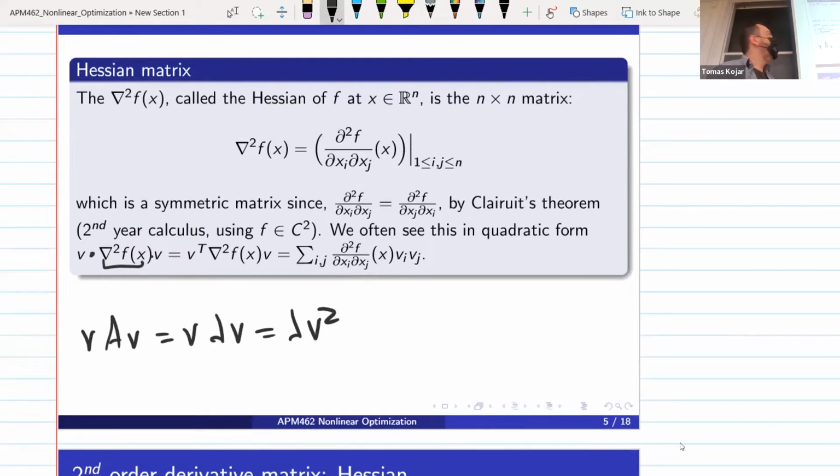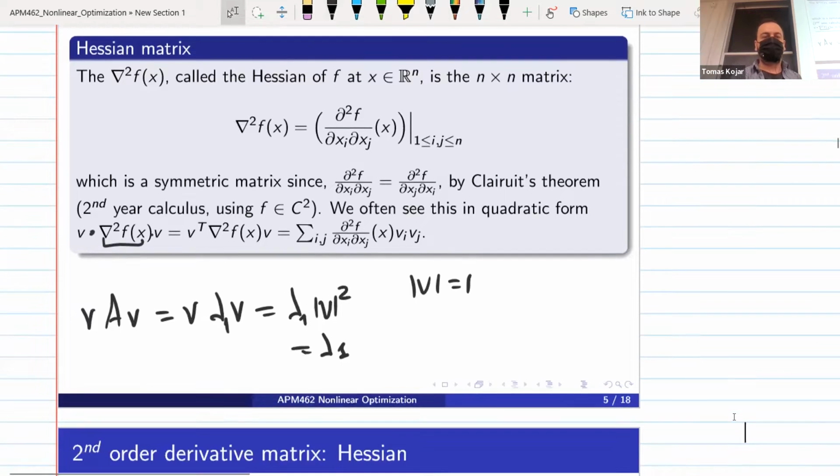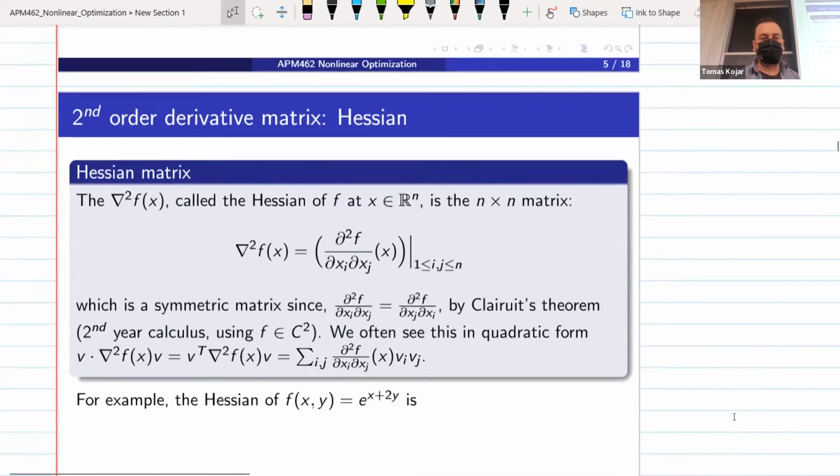So when you want to minimize this quantity, you're looking for the minimal eigenvalue, lambda 1. I'll come back to it. This is because we usually take V to have norm 1. Anyways, just a reminder that we need linear algebra.